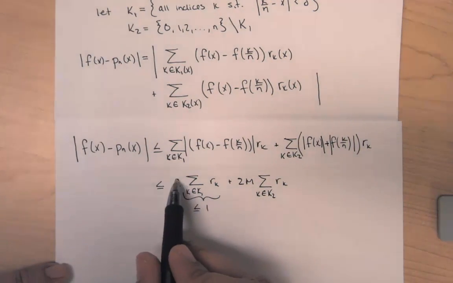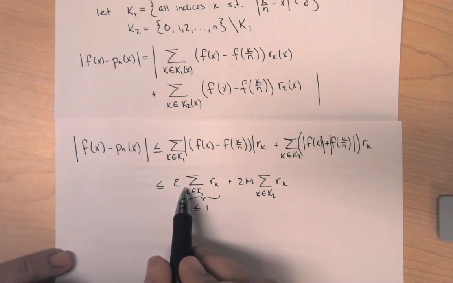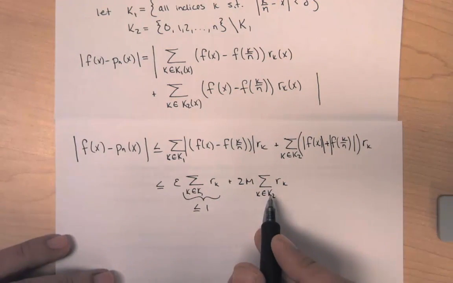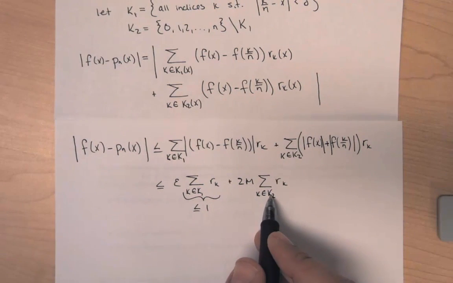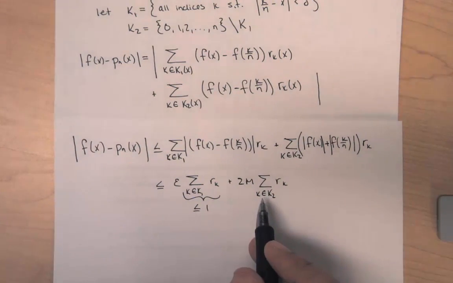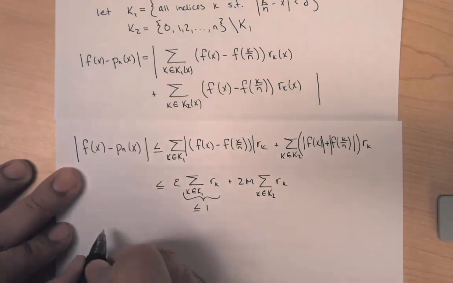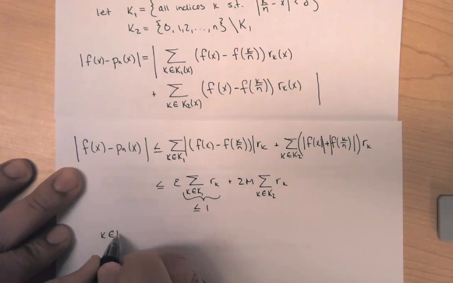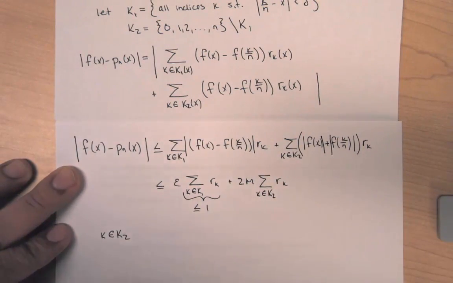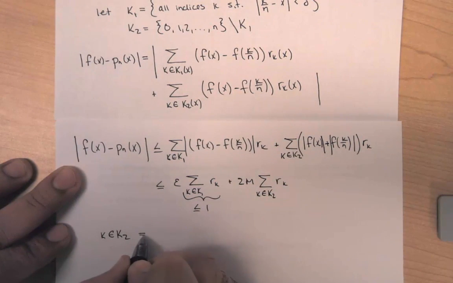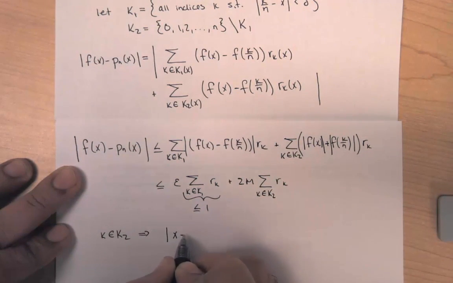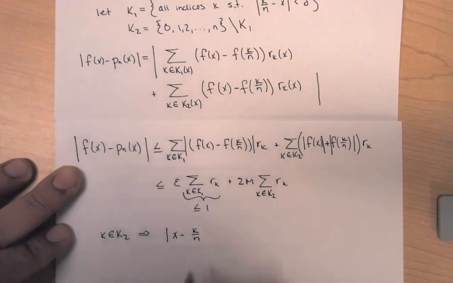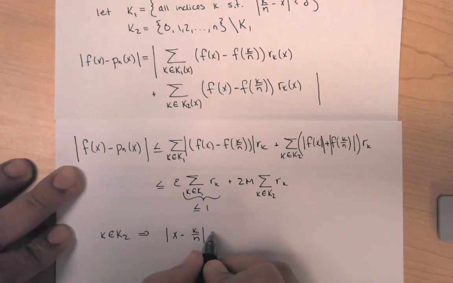So we know already that this term is less than epsilon, but what about this term? Well, here is where a little bit of the previous work and setup becomes fruitful. k is in these other indices if the absolute value of x minus that partition interval delimiter, k/n, is not less than delta.